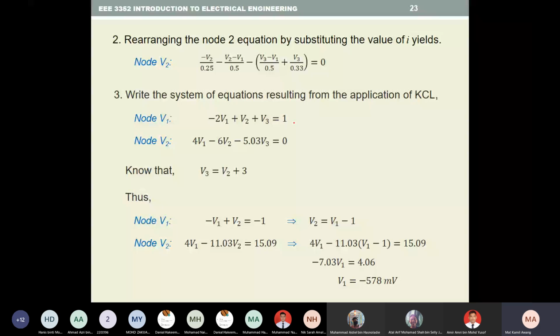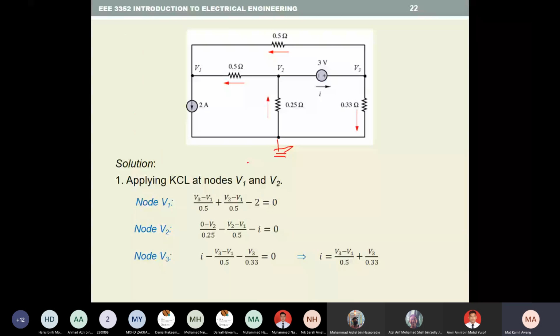Node 2 here, this one, you rewrite, you get this. And we know that V3 equal to V2 plus 3 here. We know that V3, the voltage here, is actually V2 plus 3 from this.